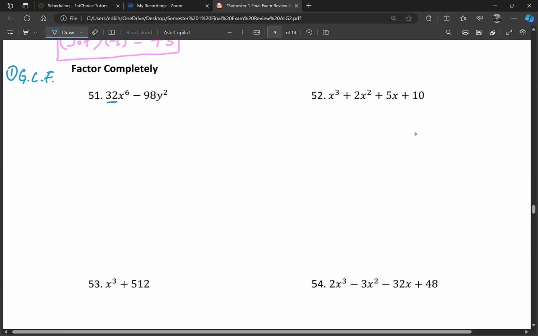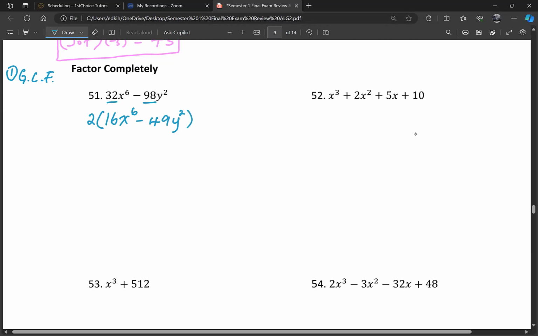When I look at these two numbers, I can determine that they have a greatest common factor. What goes into both of these? A 2. 2 is a GCF, so I can take out a 2, which leaves us with a 16x to the 6th minus 49y to the 2nd.